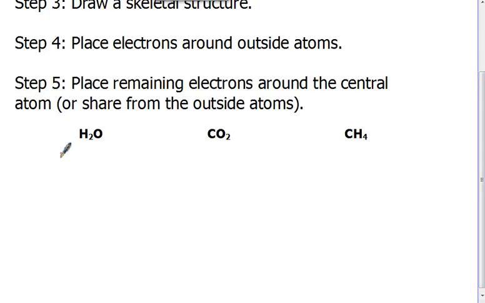Hydrogen has 1 valence electron. Oxygen has 6. Oh, and there's another hydrogen, isn't there? How many does oxygen need if it has 6?